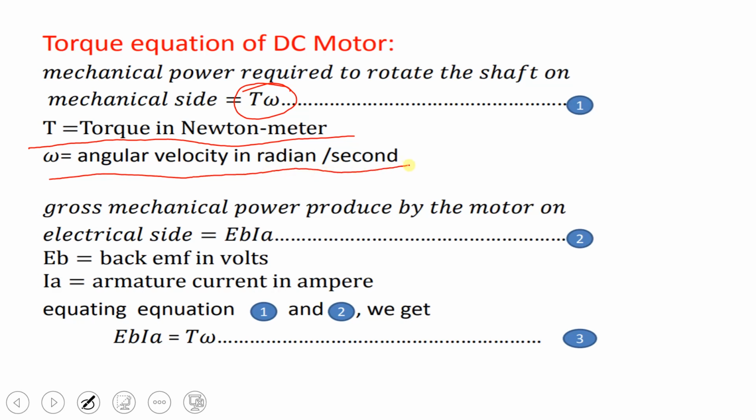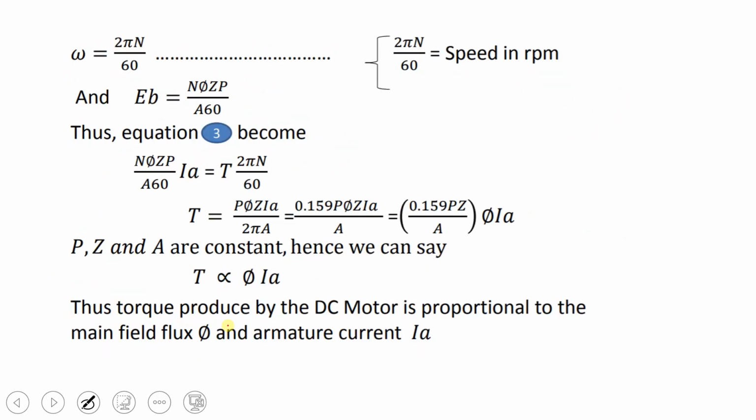Then the gross mechanical power is given by EBIA, where EB is the back EMF and IA is the armature current. If we equate these two equations, equation 1 and equation 2, we get EBIA equals T omega. From here, omega is given by 2 pi N by 60.